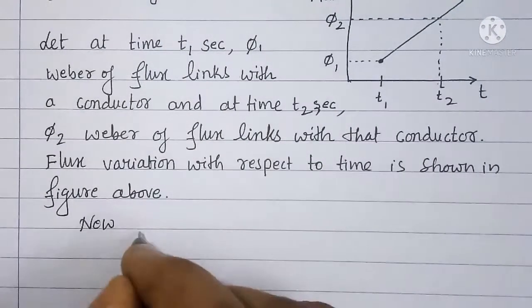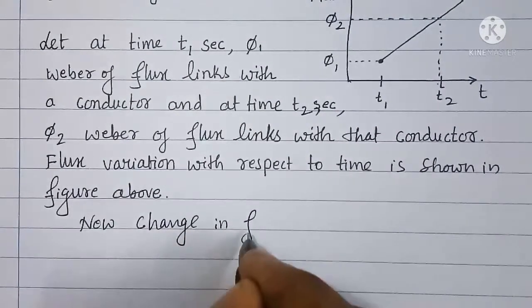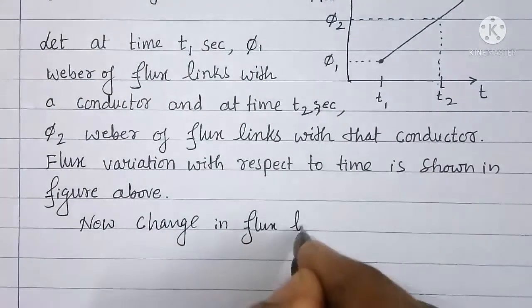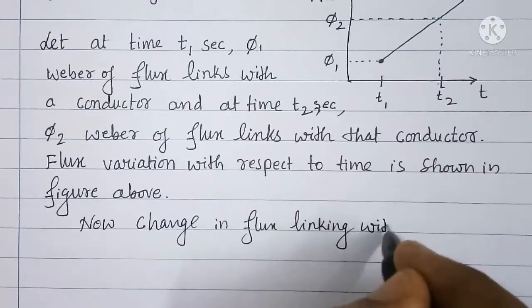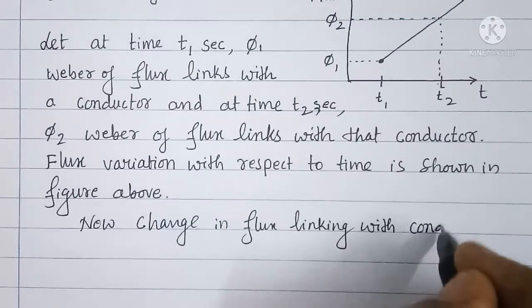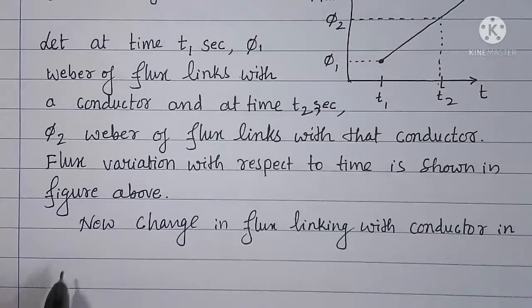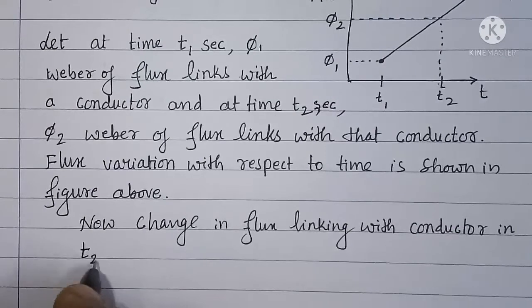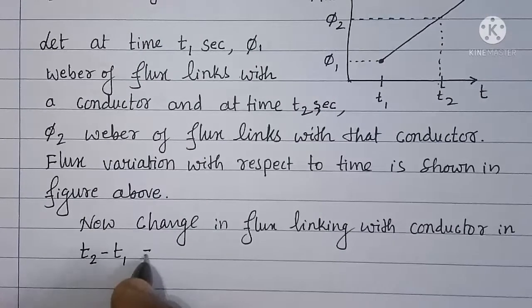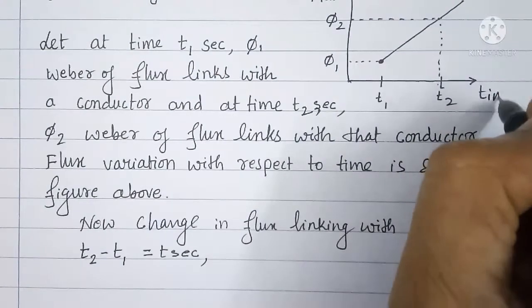Now change in flux linking with conductor in t2 minus t1 equal to t seconds. Here t means time axis.